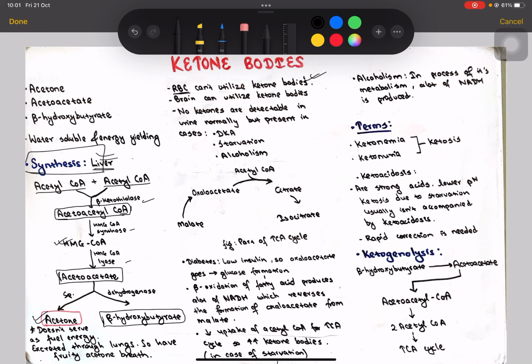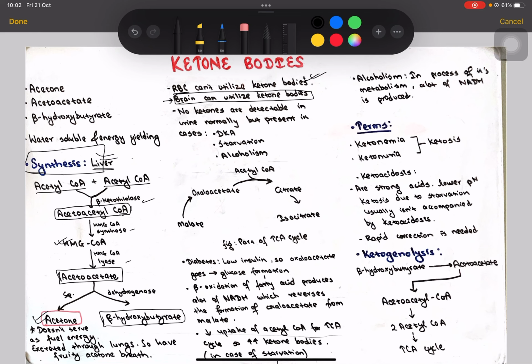But the brain can utilize ketone bodies, though it can't utilize fatty acids. In other words, fatty acids, by becoming ketones, serve as fuel energy for the brain, but directly they can't be used as fuel energy for the brain.